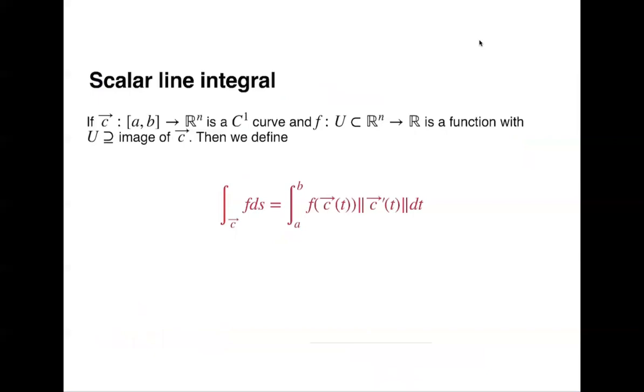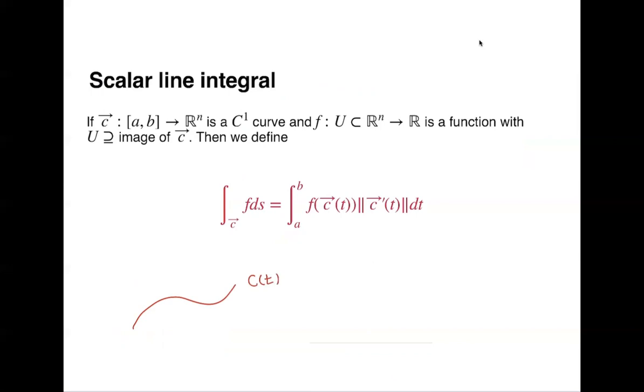From now, we want to find the line integral. It means that there is a C1 curve like this, and we want to integrate the function on the given curve.